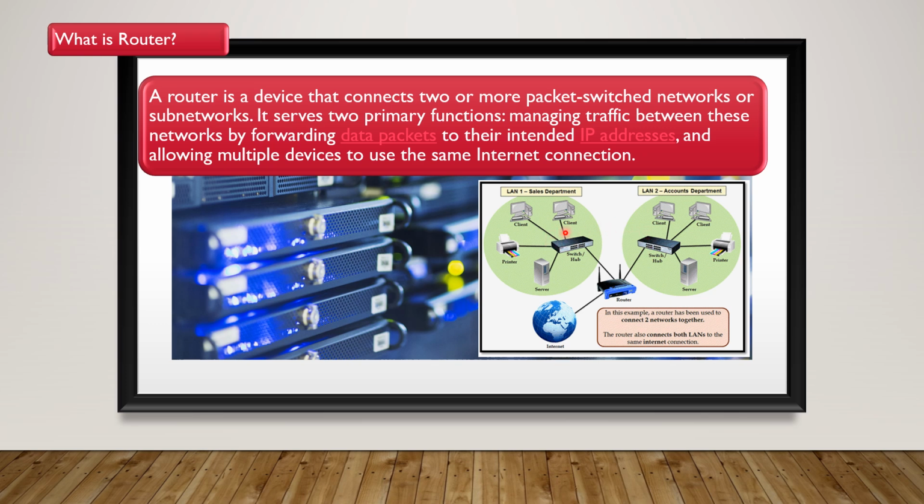Both switches only have access to their own intranetwork, meaning local private IP addresses. The sales department is not able to communicate with the accounts department, and the accounts department is not able to communicate with the sales department, without a router.